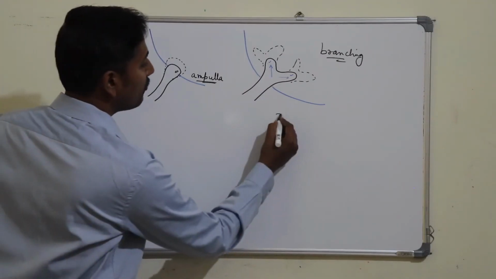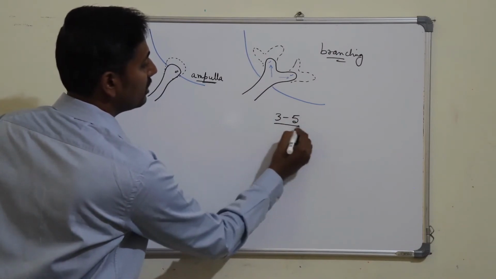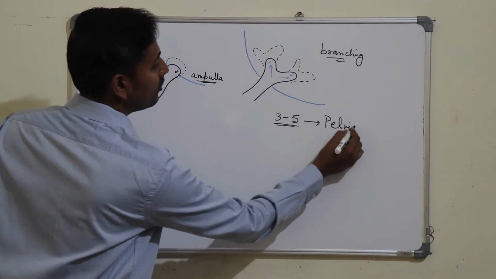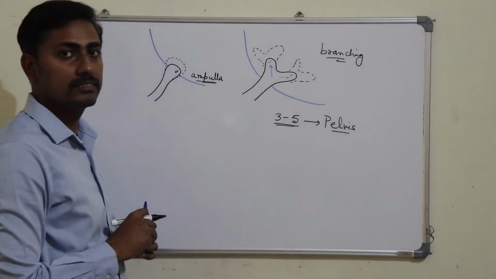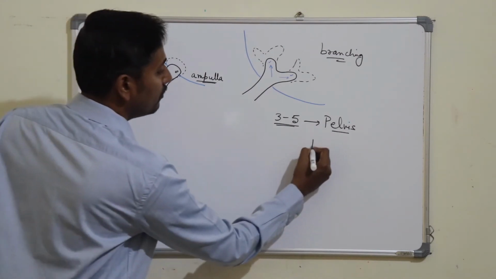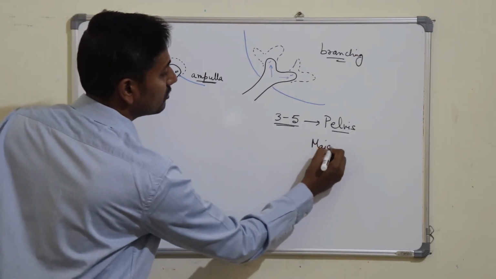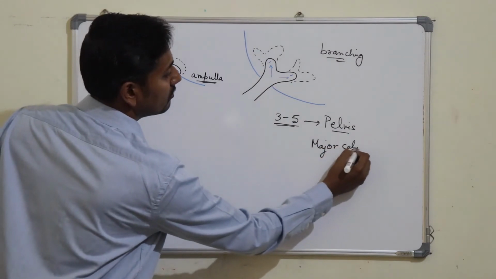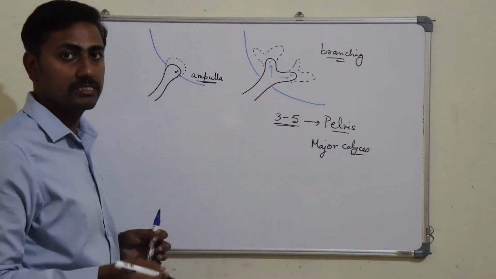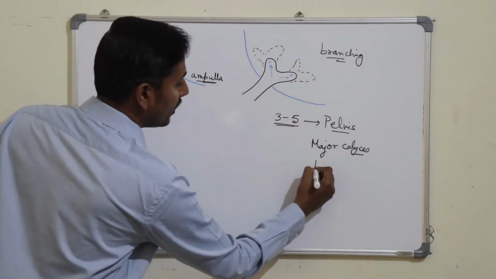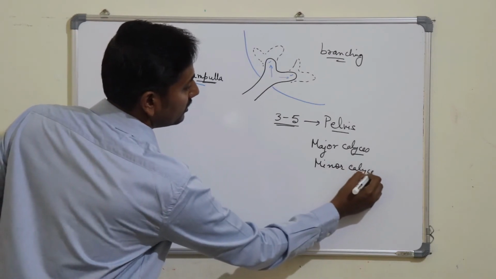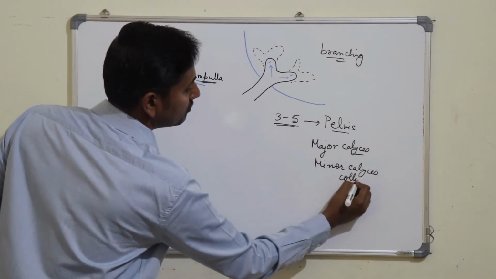The first 3 to 5 generations of branching fuse to form the pelvis of the ureter. The next branches or divisions will form the major calyx, and the further divisions will form the minor calyces and the connecting tubules.